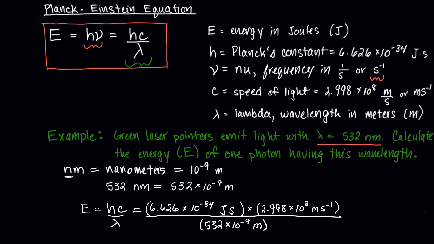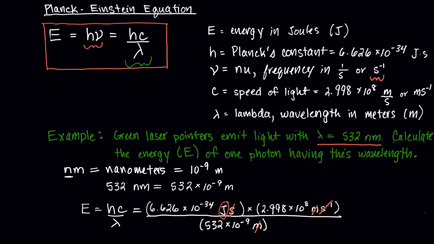If we look at our units, seconds is going to cancel out per second. Meters and meters cancel out, leaving us with just units of joules, which is exactly what we want for an energy.